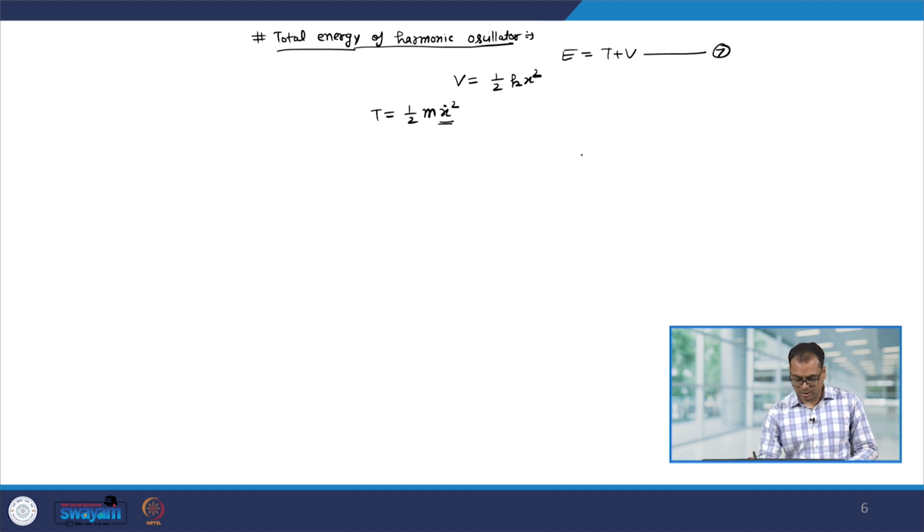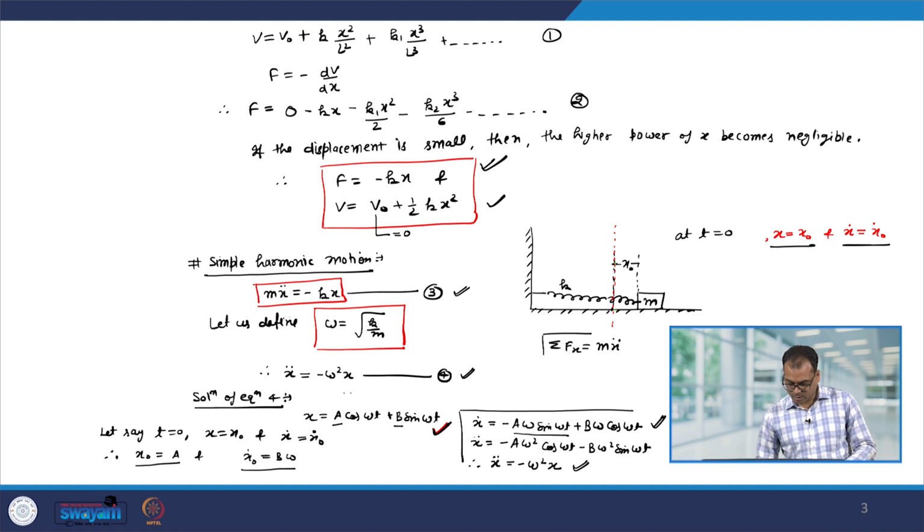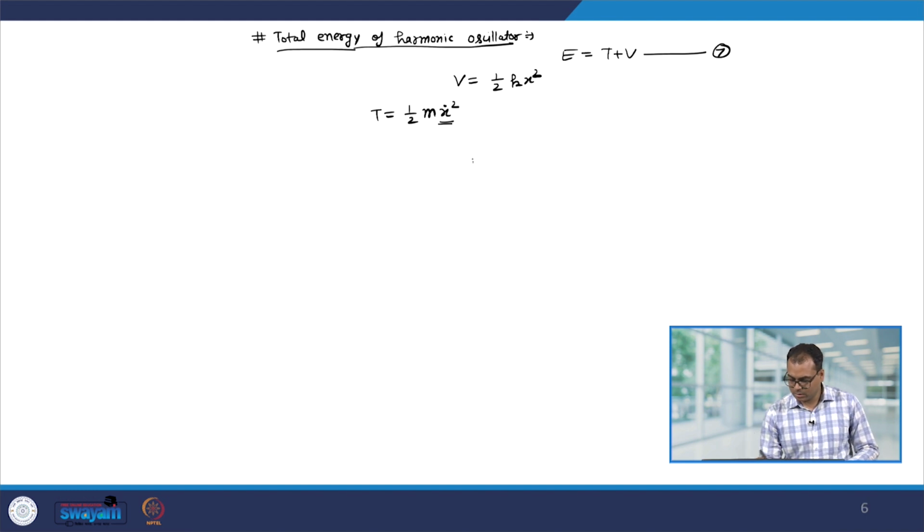So, remember the equation of motion, equation number 4: x double dot equal to minus omega square x.